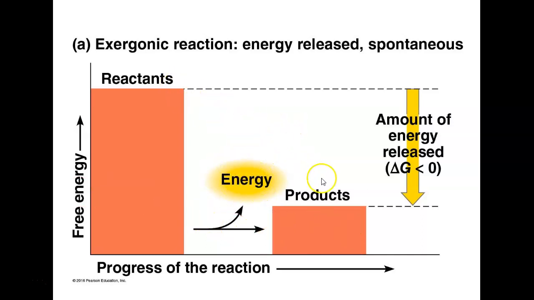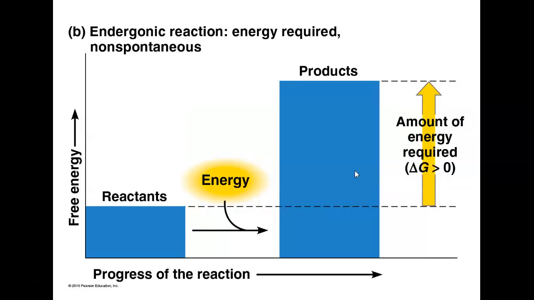That total amount of energy contributes to a negative free energy change, the amount of energy released in the reaction. Whatever the products have left is the energy still within those molecules.